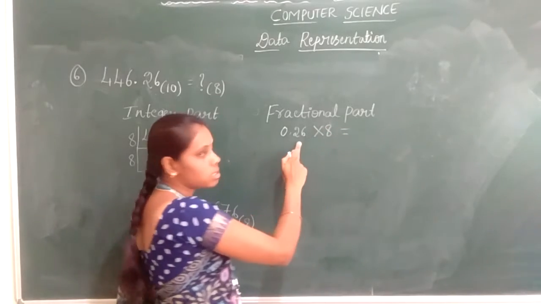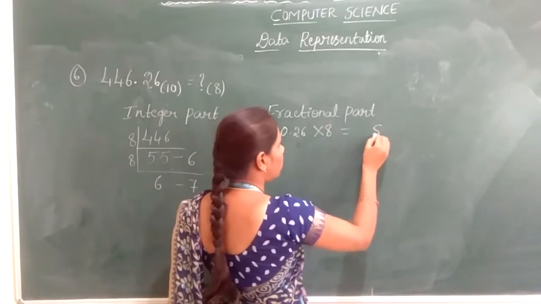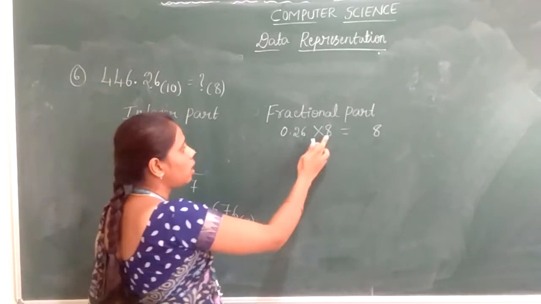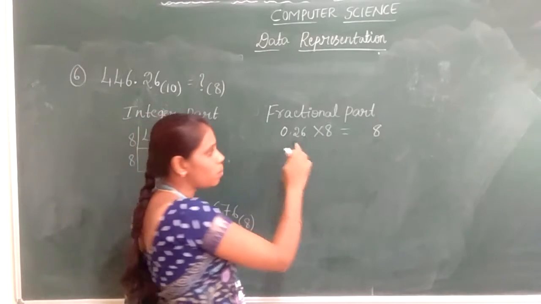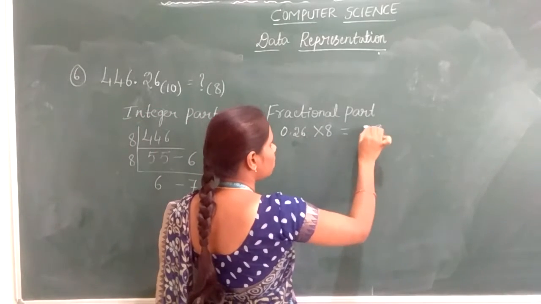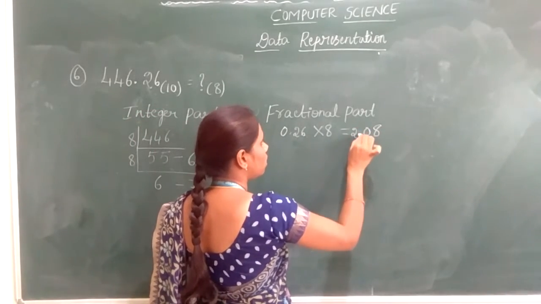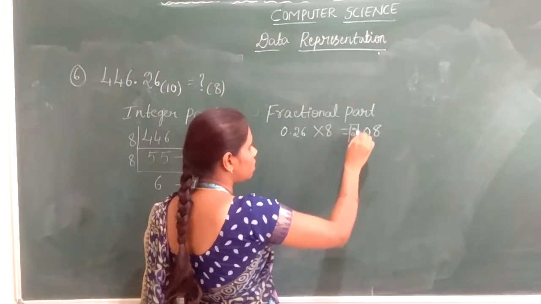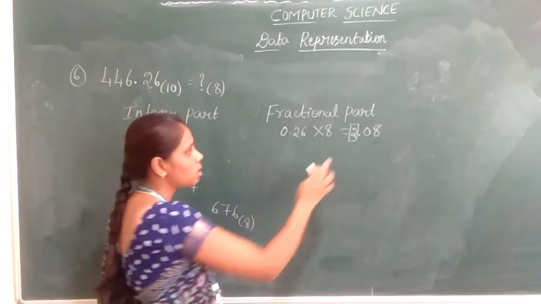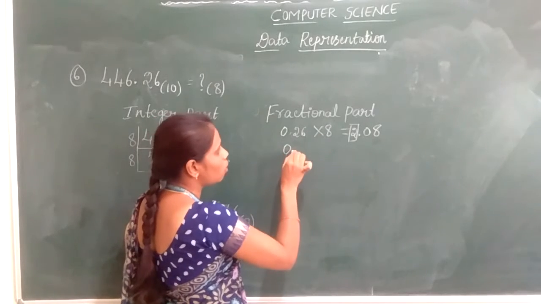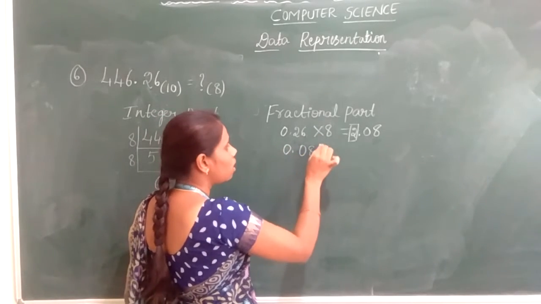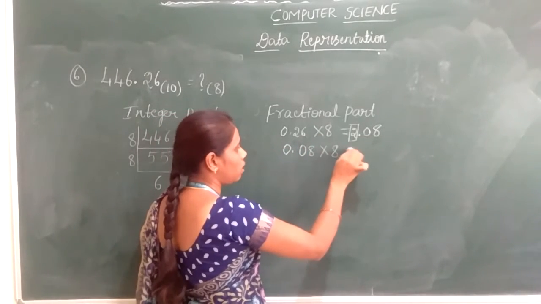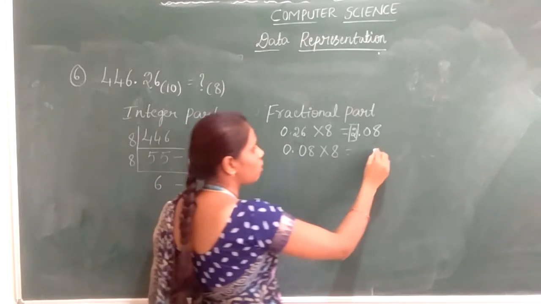Now 8 6s are 48, 4 carry. 8 2s are 16, 16 plus 4 is 20. So 2 carry, that is 2.08. So note down the integer part. Consider only the fractional part, 0.08 multiplied by 8. 8 8s are 64.